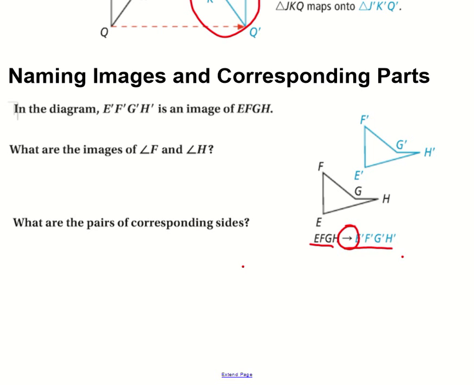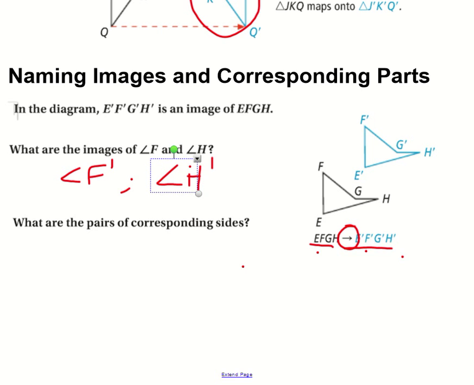Now, if you notice, F is the second letter. So if we're trying to find the image of angle F, well, you look at the second letter in the image. In the pre-image, F is going to F prime, so angle F would go to angle F prime. And the same thing would happen for angle H. It's going to go to angle H prime.